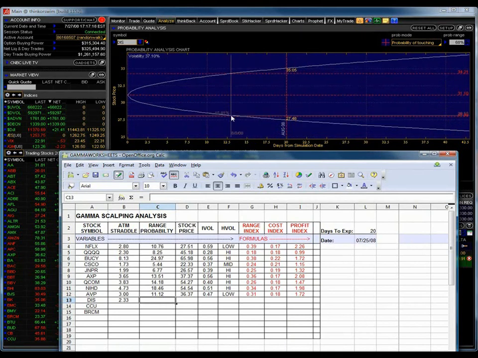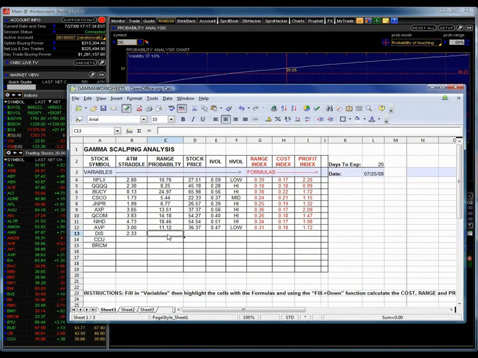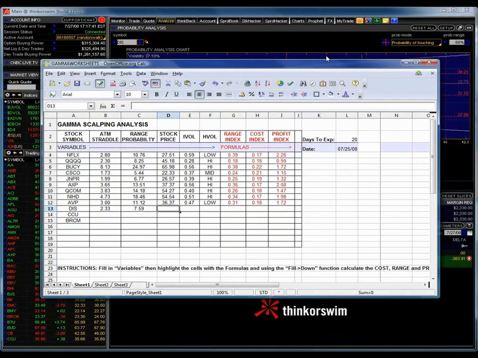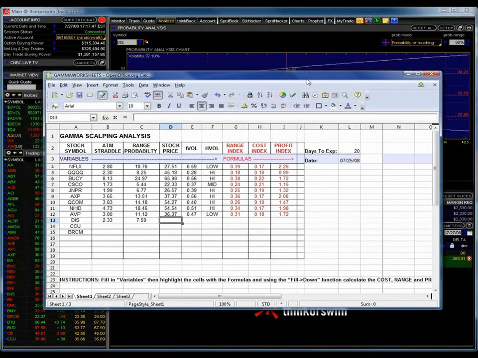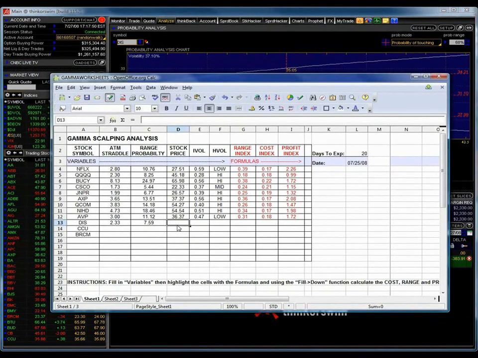If we take those two numbers and subtract them from each other, $35.05 minus $27.46, it gives us a range of $7.59. So we can go ahead and include this in our worksheet. The current stock price is $31.10. We'll just include that.